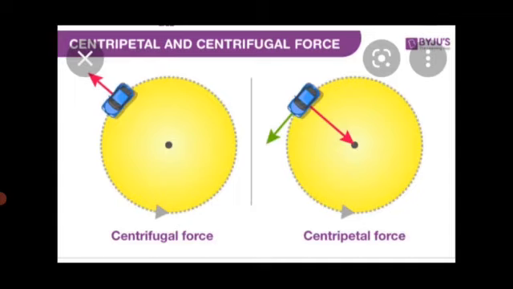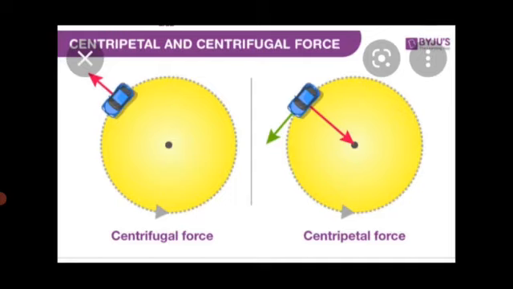So if we examine circular motion from this frame of reference, the situations are entirely different. Here you see two different pictures, one is centripetal and the other is centrifugal. Centripetal is towards the center. See the second picture, the red arrow indicates centripetal force is always towards the origin. The centrifugal force is outward.